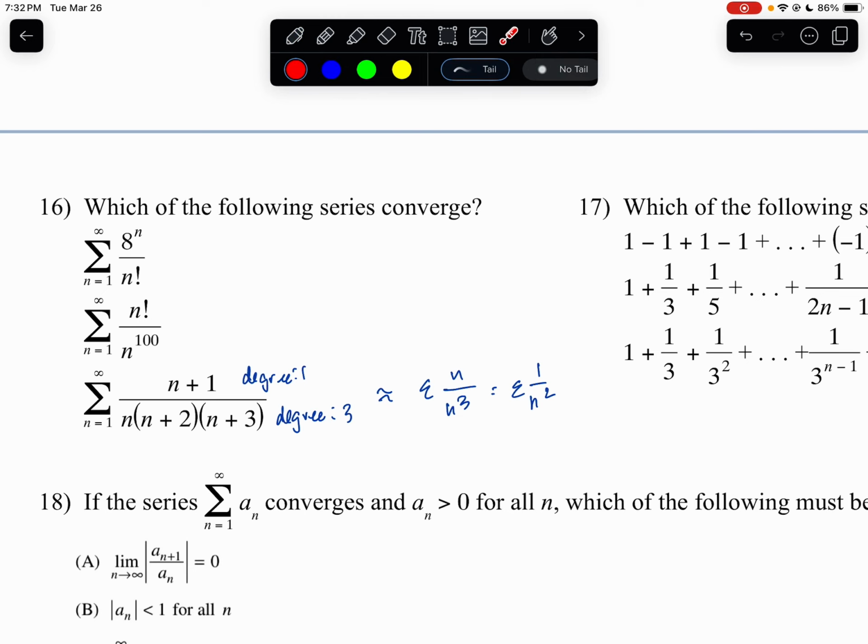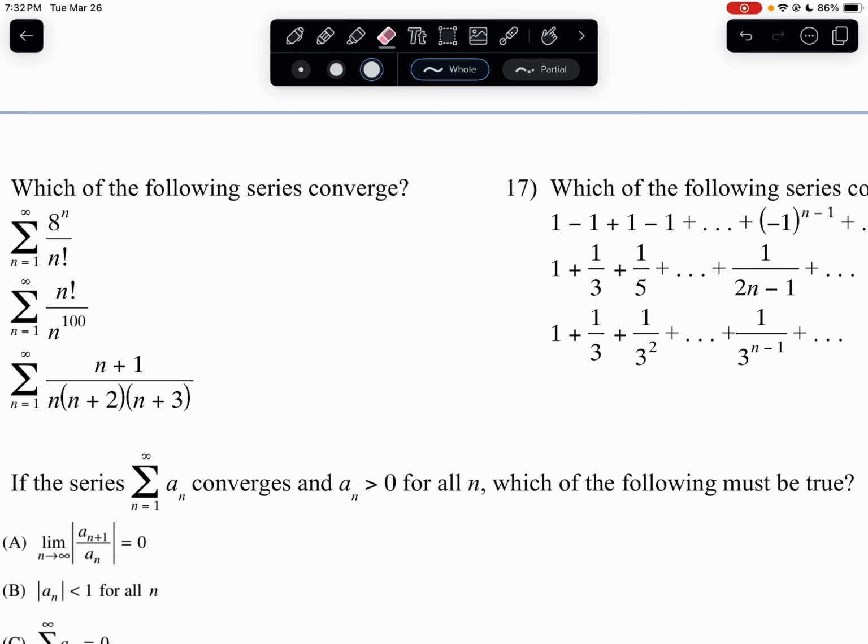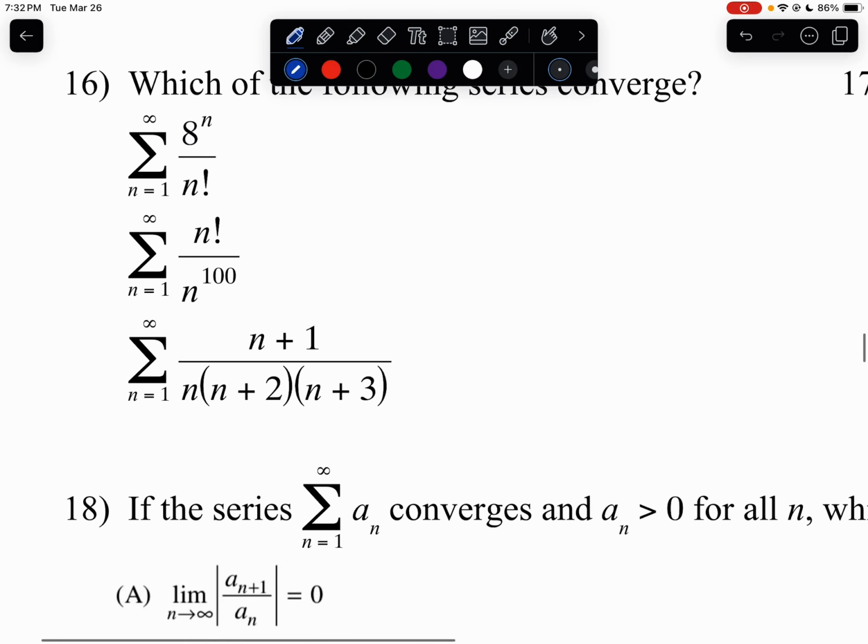So I would think about using the limit comparison test. I know that this one converges. Let me write this out. I'm going to compare this to the series of 1 over n squared.